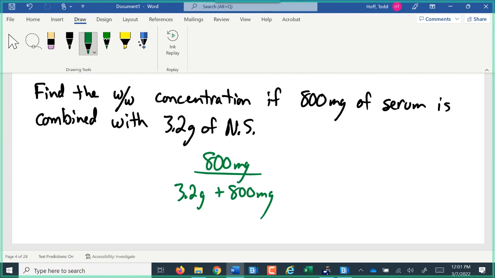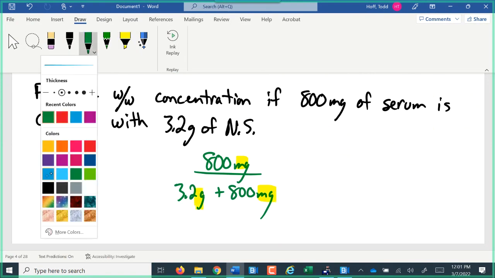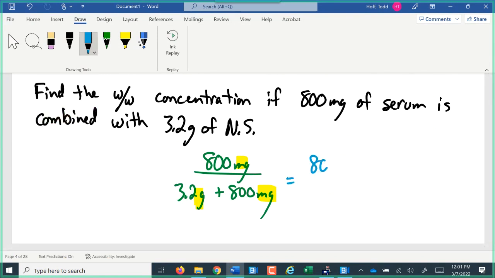Well, we have an issue here because we have different units. These are in milligrams, and this is in grams. We're going to do a unit conversion here. We're going to keep that in milligrams. 3.2 grams is 3,200 milligrams plus 800 milligrams.